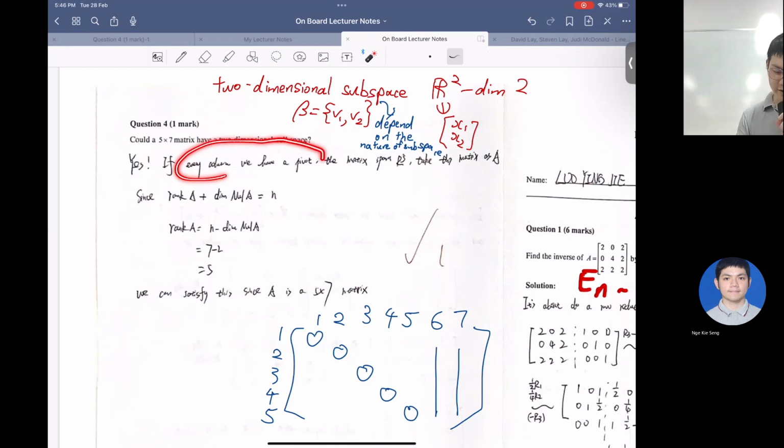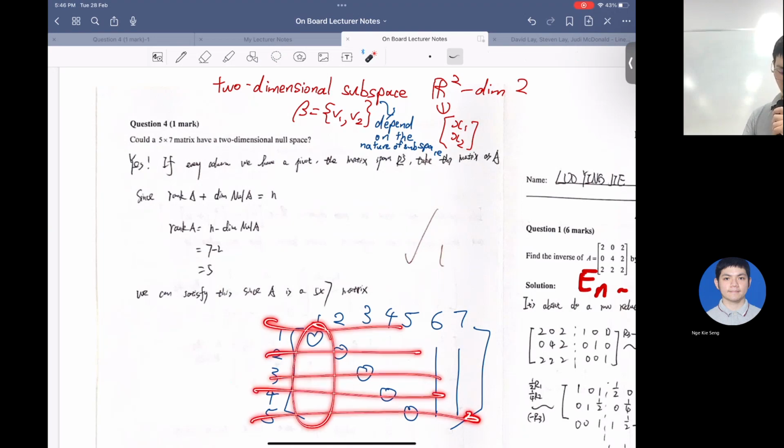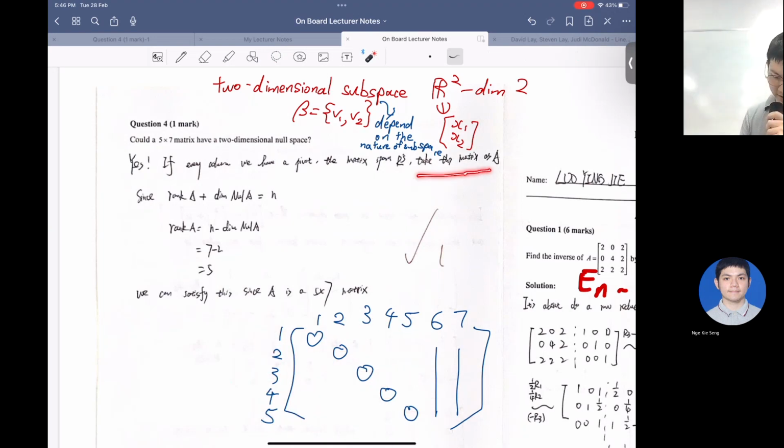So let's say every row has a pivot, then the columns span R5, very good, because every row has a pivot and the columns live in R5. Take the matrix as A. This is very important, because you don't want to repeat the matrix again, so you name the matrix A. Next time you say: since rank A plus dimension of null A equals n, and in this case n is 7, so 7 minus 2 is 5.